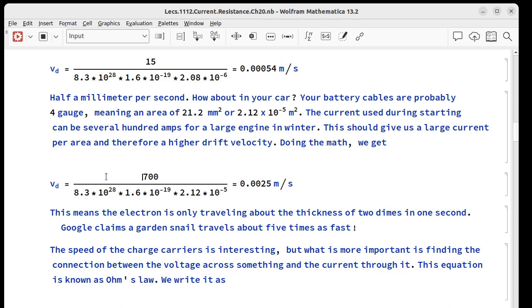If we put in these numbers, notice the charge and the free electrons in copper haven't changed, we get 2.5 millimeters per second. So faster than before, but 2.5 millimeters in a second is still ridiculously slow. If you look up the speed of a garden snail, according to Google, it's traveling 5 times that fast.